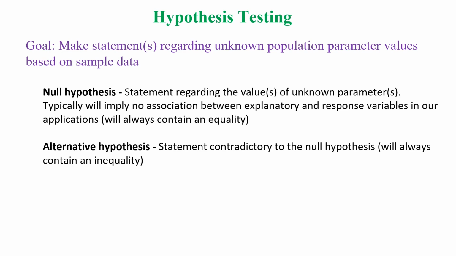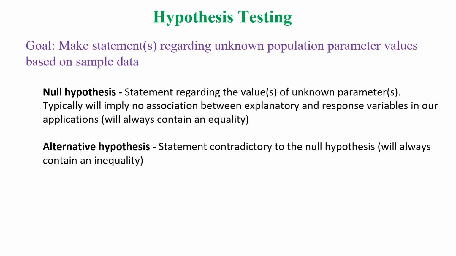Null hypothesis, as I said, is a statement regarding the unknown parameters of the population, right? Always the null hypothesis will tell, null means nil or no, right? So it will tell that there is no difference between two or more variables.